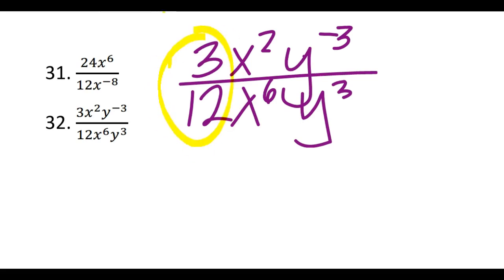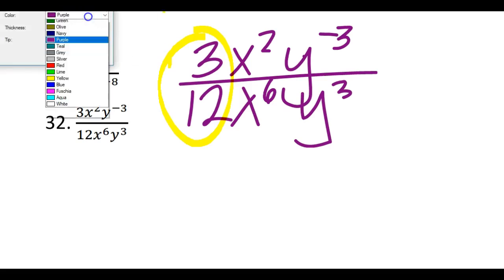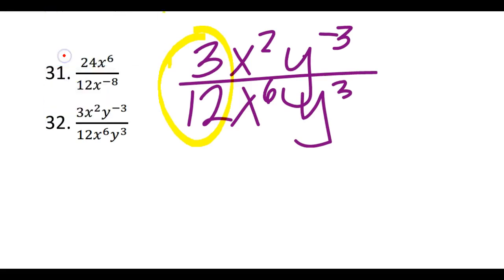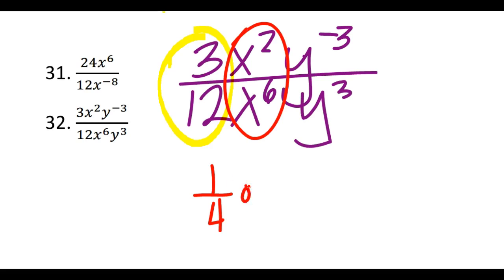Okay, so first you have 3 over 12, which is what? 1/4. Okay. Then you have x to the 2nd divided by x to the 6th. X to the negative 4th power, which would be 1 over x to the 4th.